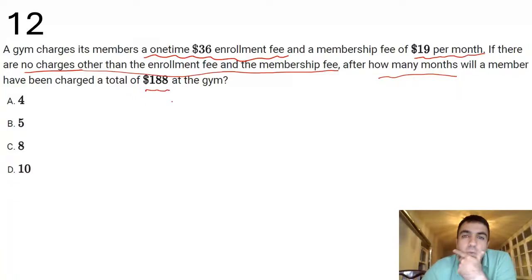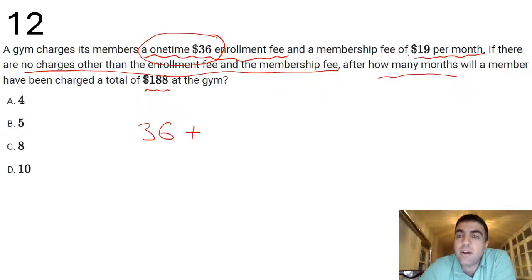Let's solve. The one-time fee is the initial value, right? This would be 36 plus $19 per month, 19M, is equal to 188, right? Let's solve this equation.